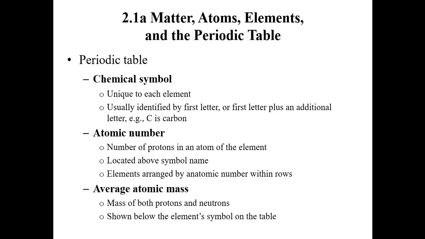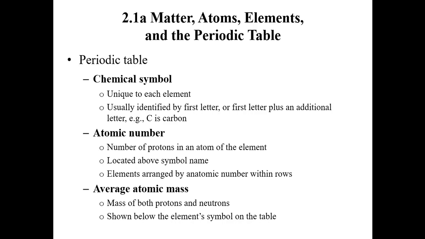Okay. The next thing we have is that everything on the periodic table has a chemical symbol, like carbon is C. Everything on the periodic table has an atomic number. And the atomic number is the same as the number of protons. Then every element on the periodic table has a mass called the average atomic mass.